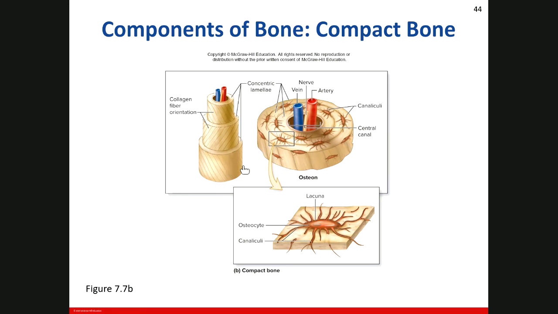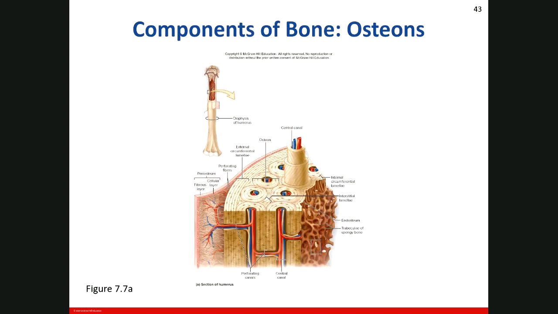And also the waste products and carbon dioxide can go in the opposite direction, cell to cell, to reach the veins here. So this is the structure which we have in our compact bone, and this osteon is the functional unit of our compact bone. Now I want to show you a large piece of compact bone.